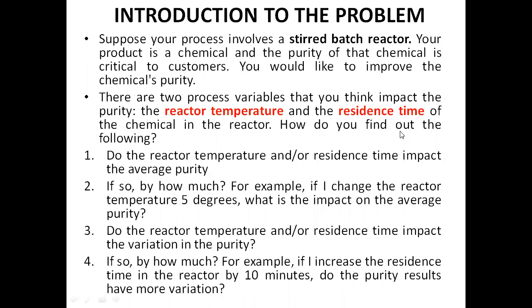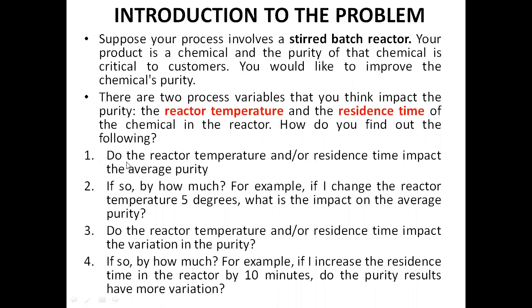So how do you find out the following? The entire class is based on this reactor, so that we can understand experimental design. We are trying to improve the chemical purity. That purity may be affected by the reactor temperature or by the residence time of that particular chemical in the reactor.